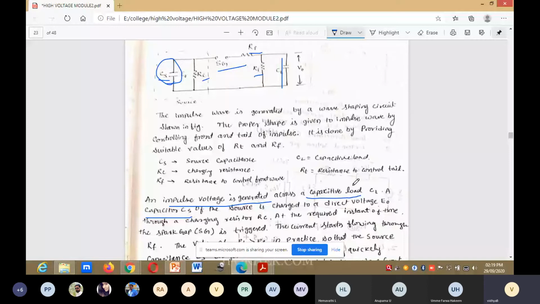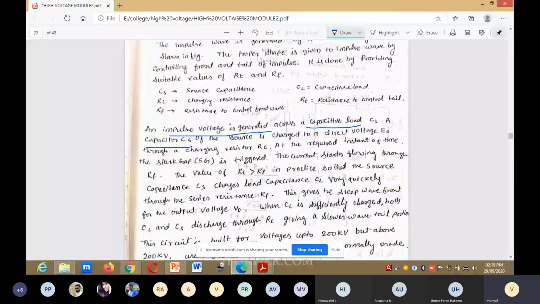At the required instant of time, the spark gap is triggered. The current starts flowing through RF. The value of RT is greater than RF in practice, so that the source capacitance CS charges the load capacitance CL.